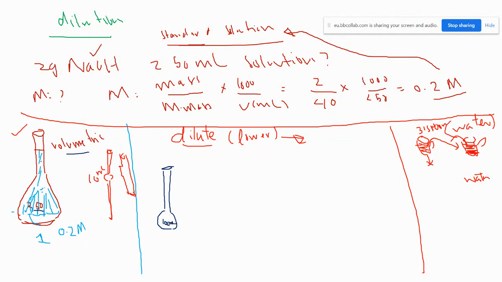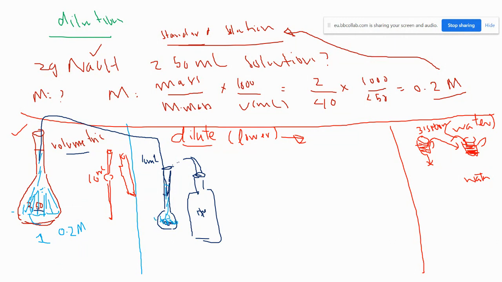I will take out 10 ml of solution and transfer it here. And then I have a wash bottle with distilled water, water only. I will add water to make the volume up to 100 here.